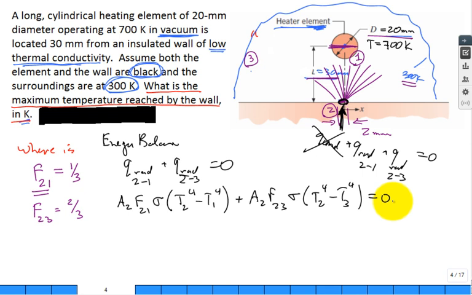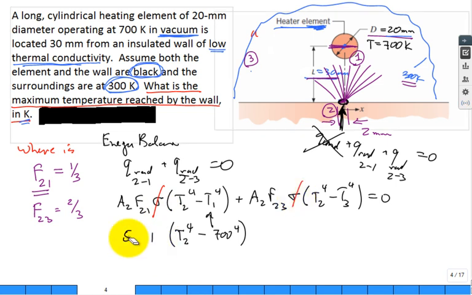Professor, I think the high temperature is this one. That's 700 Kelvin. Well, then this whole term is going to be negative. Yeah, so the sign's going to work out. Okay, so we have 700 to the 4th. We have an unknown temperature that we're trying to calculate to the 4th. We have the Stefan-Boltzmann 5.67 times 10. You know what? Doesn't the Stefan-Boltzmann cancel on both sides? Yeah, it does.